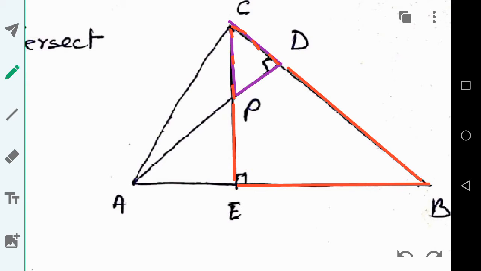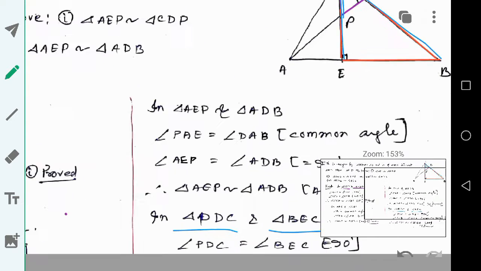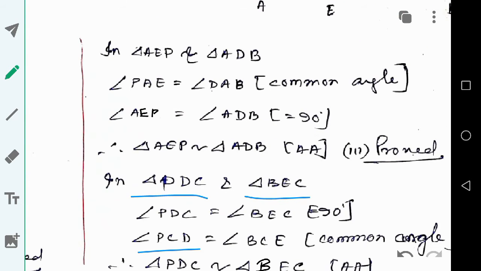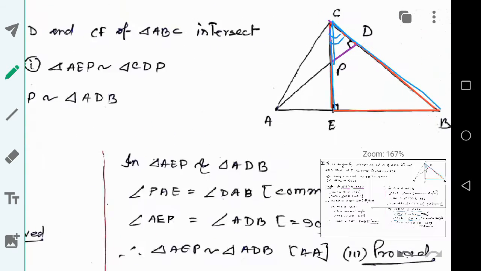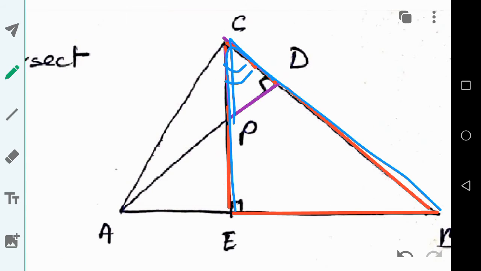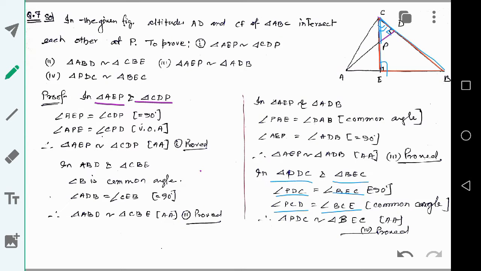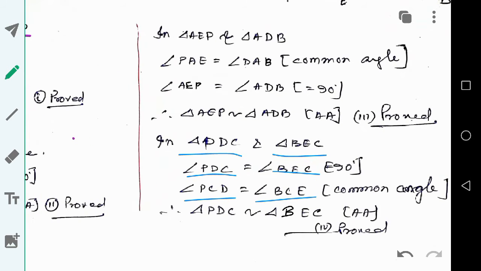In these two triangles, angles PCD and ECB are a common angle, both represent the same angle. And angles PDC and BEC are both 90, both right angles, so they are also equal. So by the angle criterion, these two triangles are also similar.